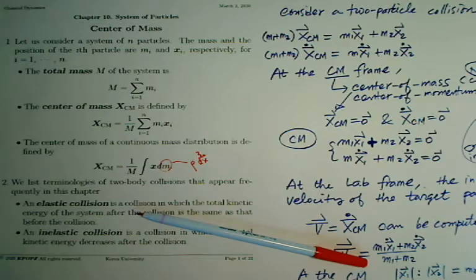And in the case of conservation of total kinetic energy of the system, we say this is elastic collision. In case the total kinetic energy is not conserved, then the collision is called an inelastic collision.